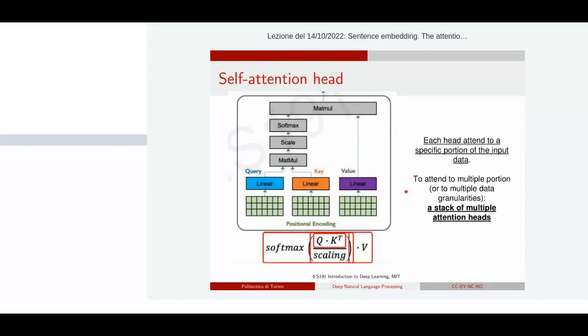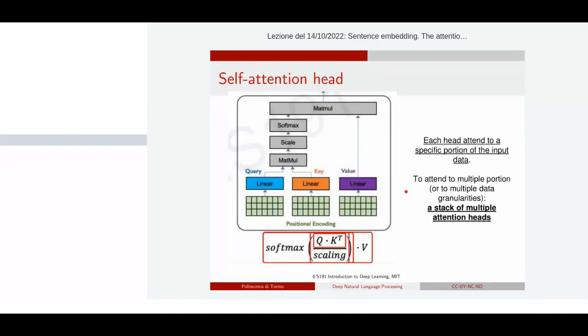We can build a stack of multiple self-attention heads, and this can be a way to combine multiple patches. So if you have an image, in the image, you can identify some pieces, some portions, some regions that are relevant.